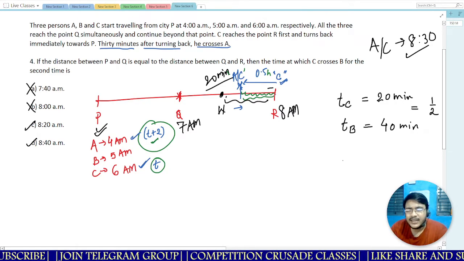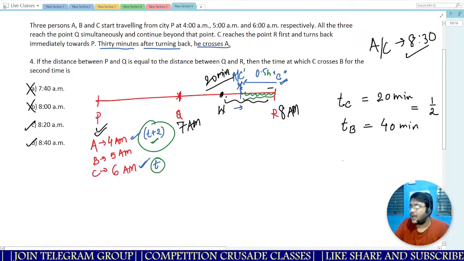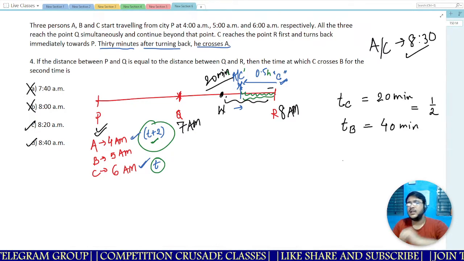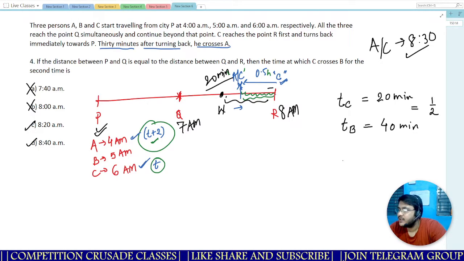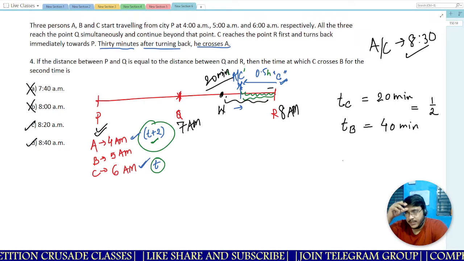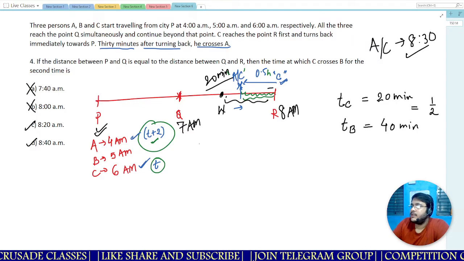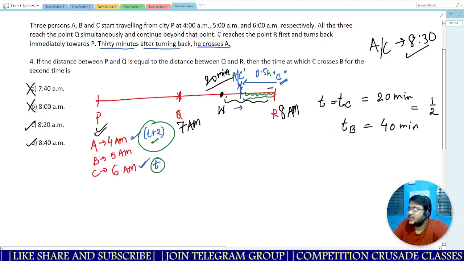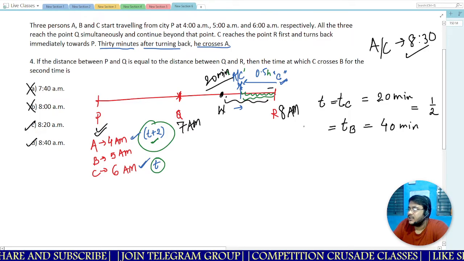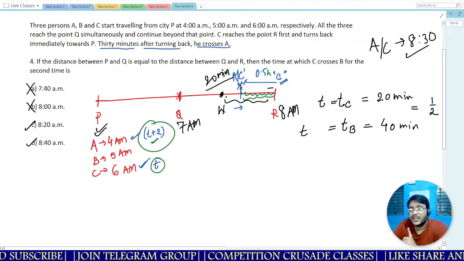So for this distance W, the speed will be 2:1. So C will be 2 times faster than B. But the point that I'm trying to make is, this fellow is taking T time and this fellow is taking how much? Is it going to be T plus 1 or T plus 2?